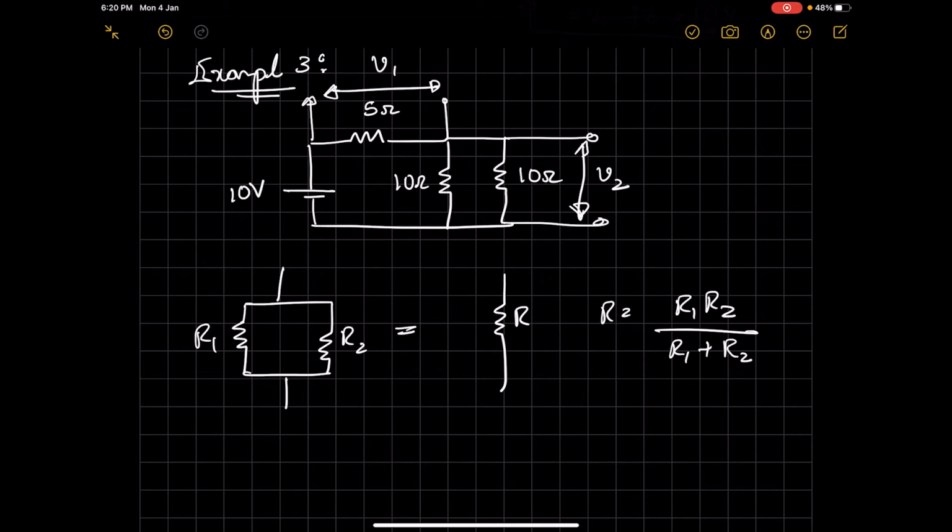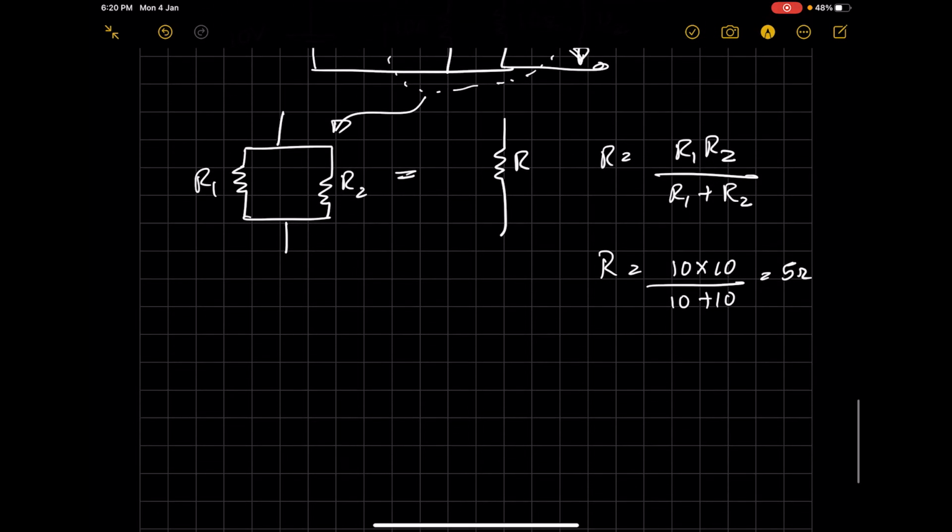If you see properly, these two 10 ohm resistances are in parallel. Therefore they can be replaced by one resistance R, whose value is given by 10 into 10 divided by 10 plus 10, which is nothing but 5 ohms.